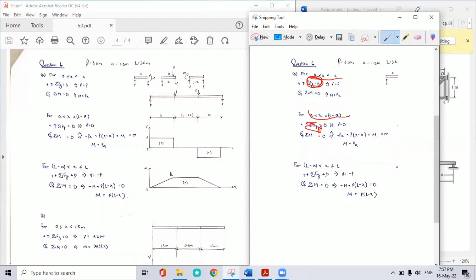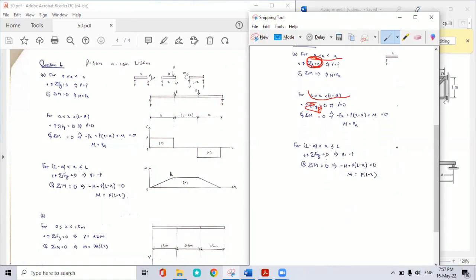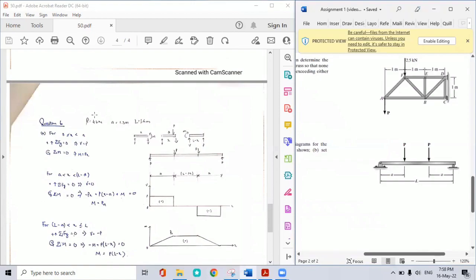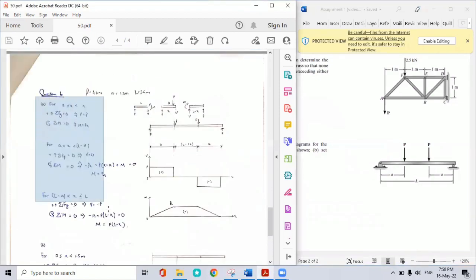For L minus A to L, we will have the sum of the vertical force equal to 0 and V equal to minus P. And the sum of moment will equal to 0 again, minus P minus M plus P times L minus X equal to 0. And M is equal to P multiplied by L minus X. After that, we can just substitute the given values into the equations.